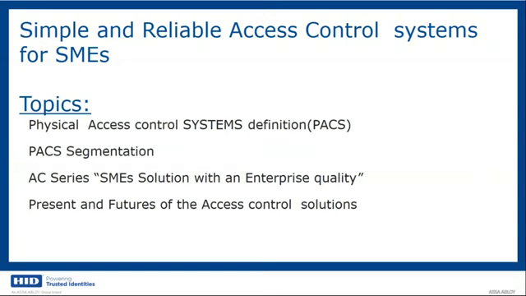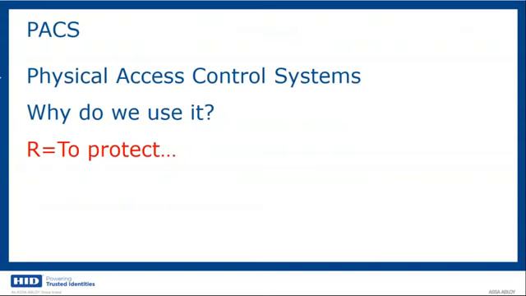Later on, we are going to talk a lot about a specific product called AC Series. This product was developed for small and medium enterprises. Later on, we will see everything about it. And at the end, we're going to talk a little bit about the present and the future of access control solutions, okay? So let's start with the definition of PACS.